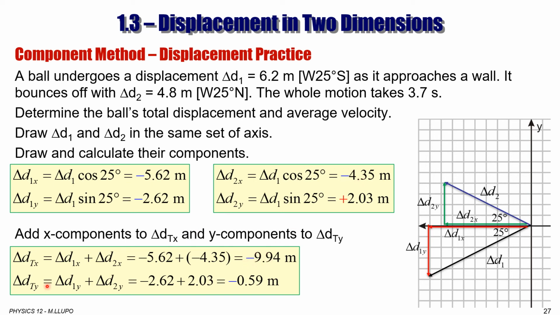And for ΔD total y, ΔD1y was negative and the other one was positive. They are very close together, so the difference between those two is negative, but a very small number.